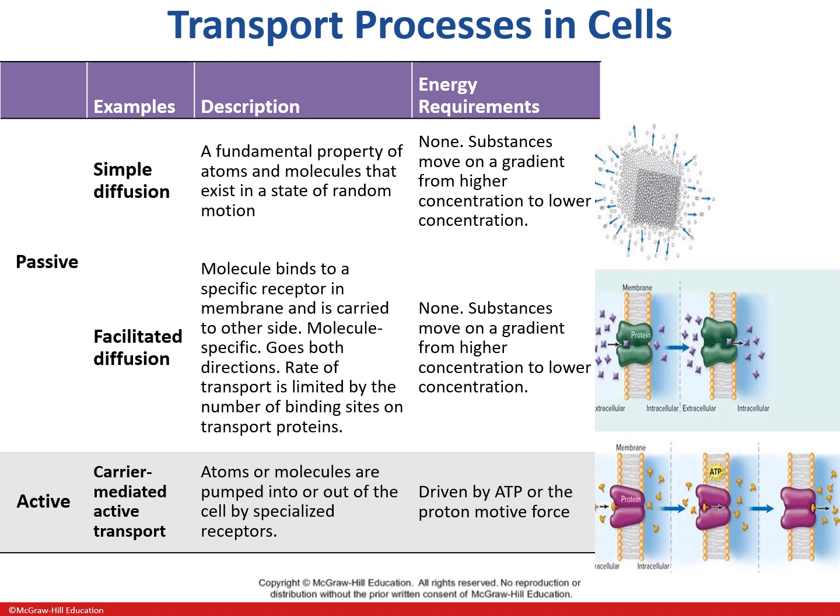So recall that in order to move things across membranes, we rely on transport. And so there are two general types of transport processes, which we call passive, which requires no energy. The thing that drives those types of transport is just having a concentration gradient of substances on one side or the other of a membrane.